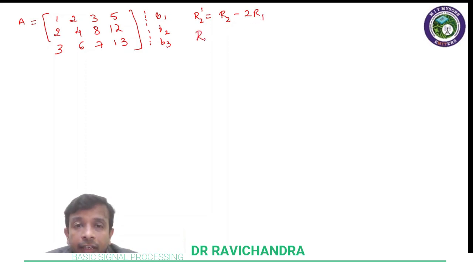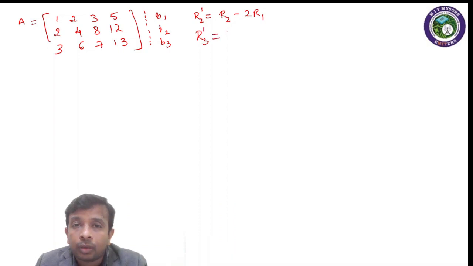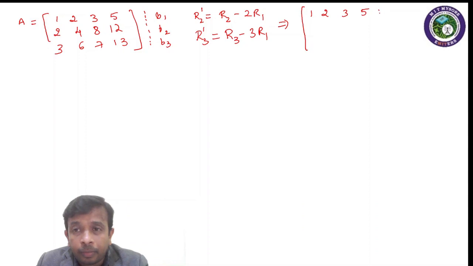and R3 dash is equal to R3 minus 3R1. We get A as, so R2 dash is equal to R2 minus 2 times R1, that is R1 remains as it is: 1, 2, 3, 5 and b1, right?